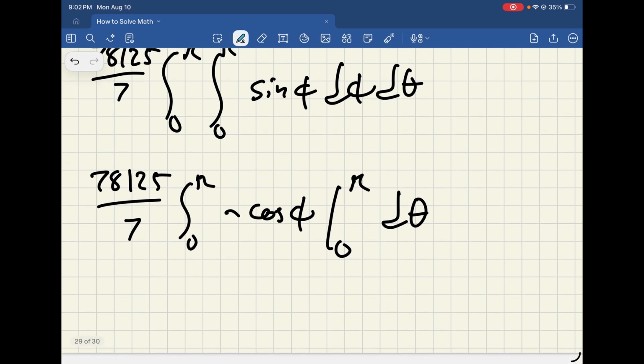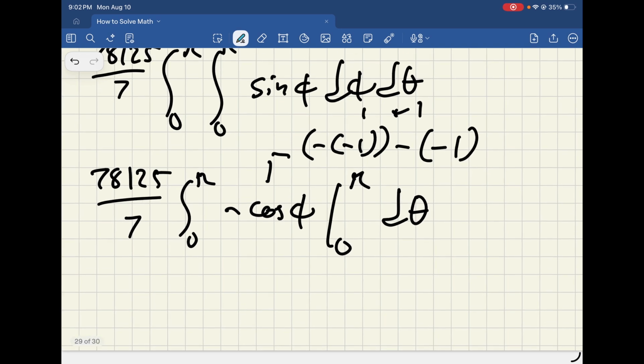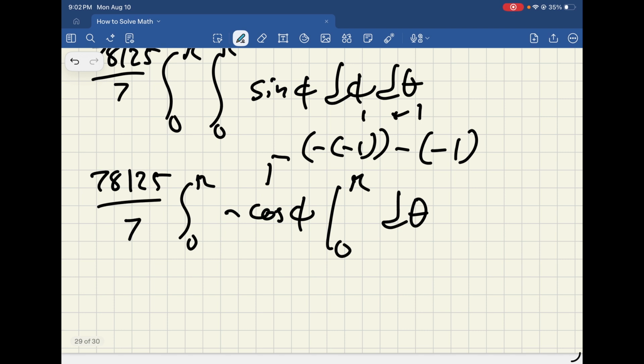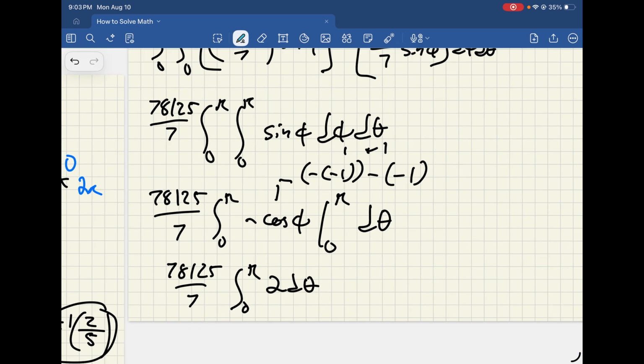So this would be negative, well, let me just write this up here, -1 minus -1, which this right here, this is just 1 plus 1. So we're going to get 78,125 sevenths from 0 to pi of 2 d theta.